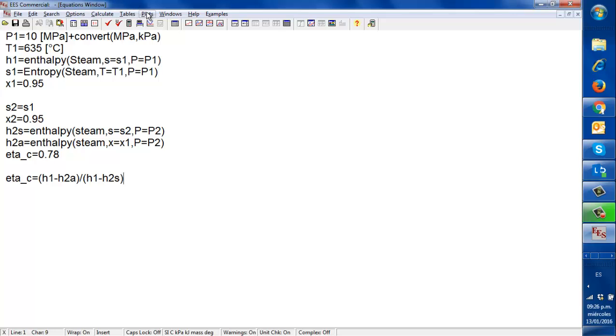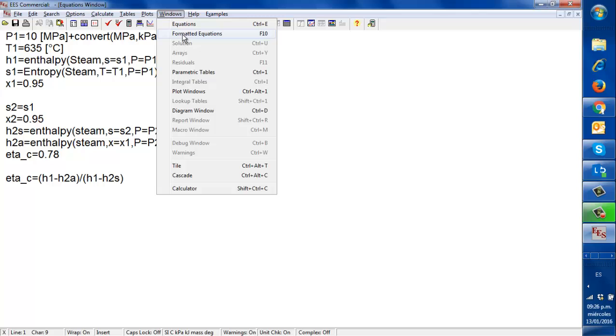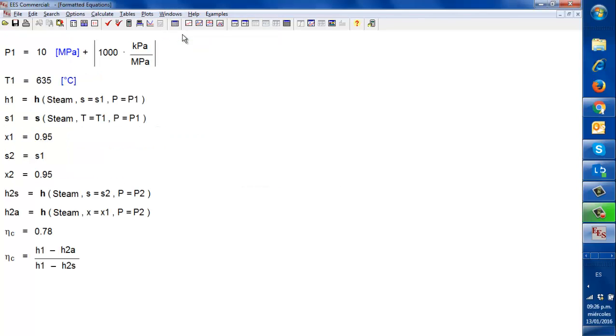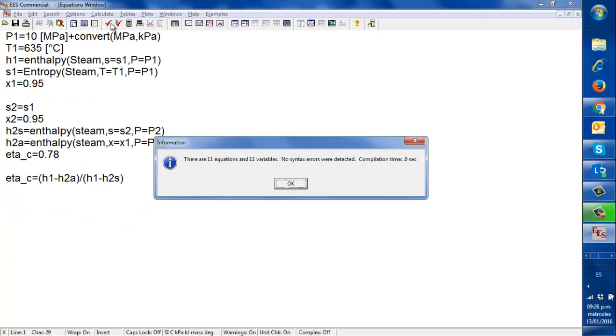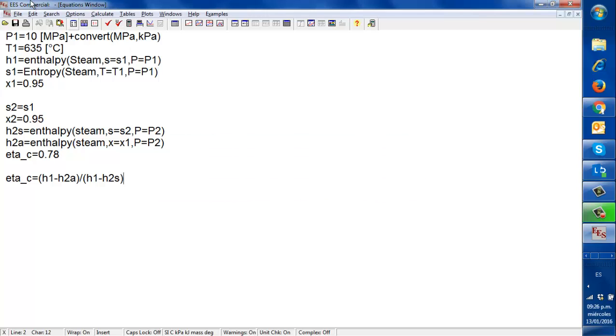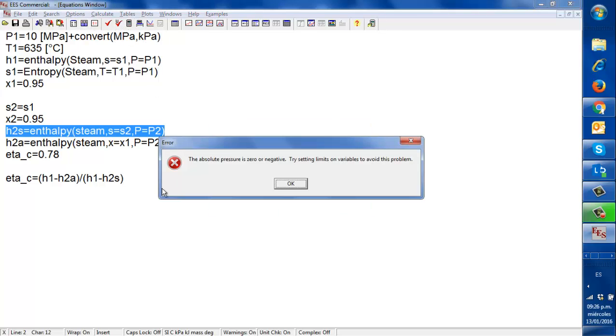So I go to plot, window, formatted windows, and say, okay, it's H1 minus H2 actual over H1 minus H2S, and that's my efficiency. So if I press here, it says you have 11 equations, you have 11 variables, you can solve the problem. If I press F2, oh my God.